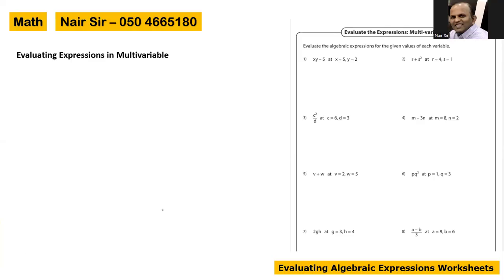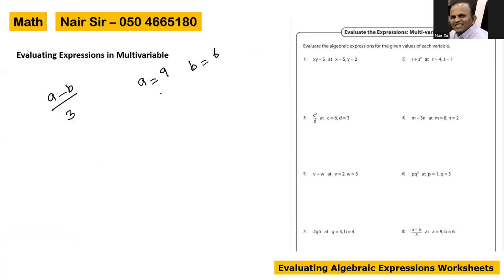Let's look at the 8th question. A minus B upon 3, where A is equal to 9 and B is equal to 6.